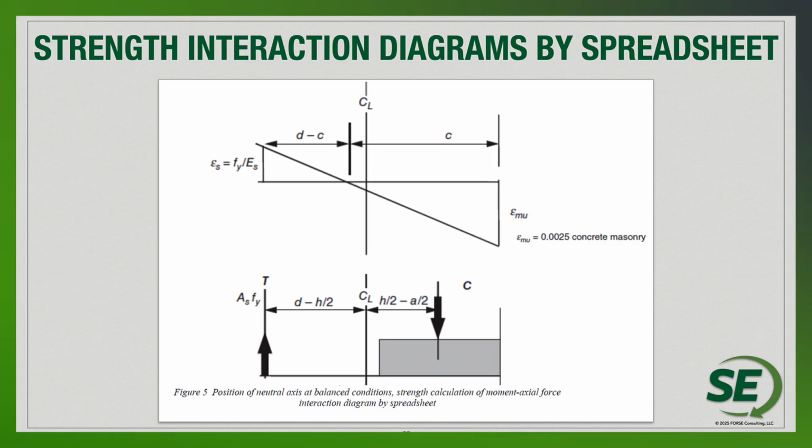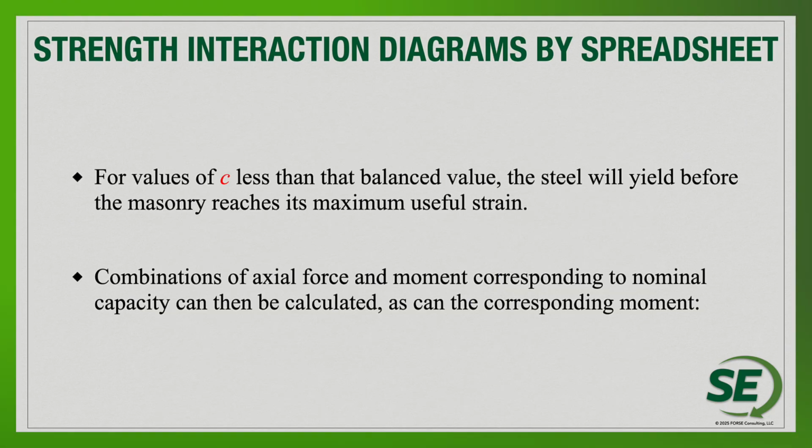So for any values of C less than the balance value, the steel will yield before the masonry reaches its maximum useful strain. And then combinations of axial force and moment corresponding to the nominal moment capacity can be calculated as corresponding with the moment.